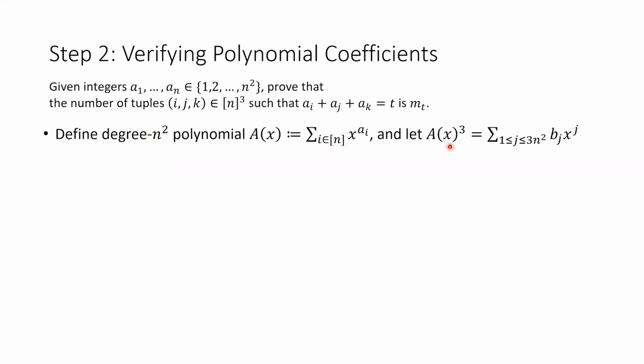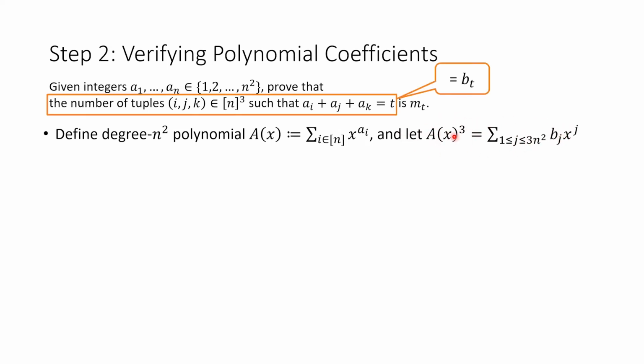And we consider a of x cubed, and we use b sub j to denote the coefficients of this cubed polynomial. And we can easily see that the number of tuples summing to t is exactly the t-th coefficient, b sub t.